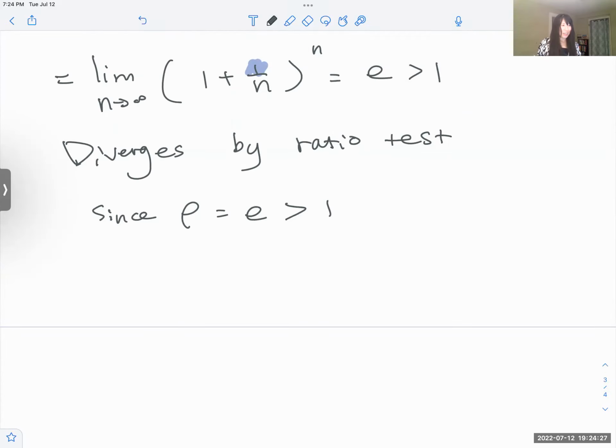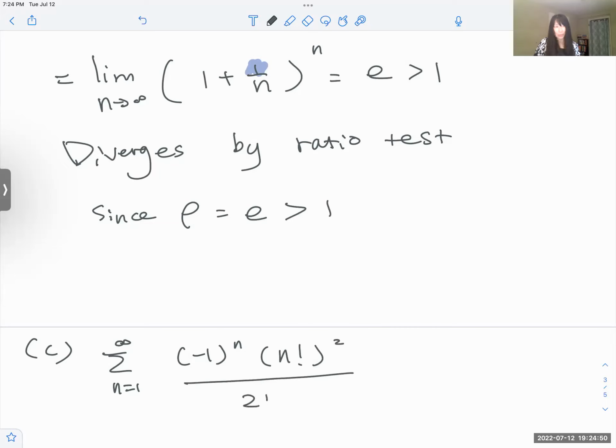Okay, let's see. Third one. The sum from n to positive infinity, we have negative 1 to the n. In this case, we need the absolute value because we have an alternating series, right? So we have n factorial squared over 2n factorial.